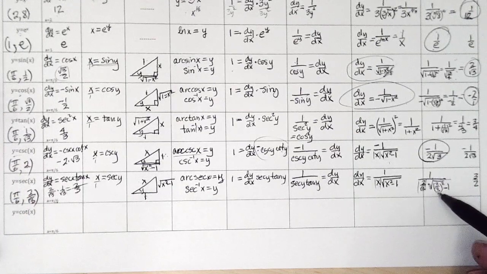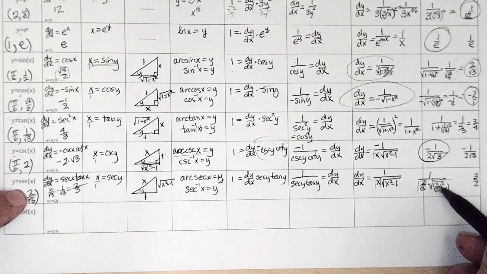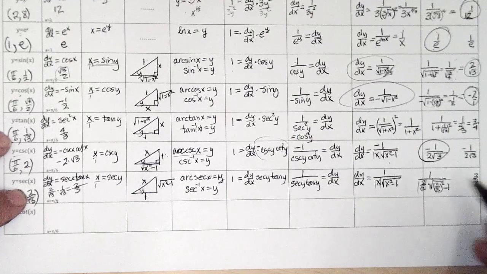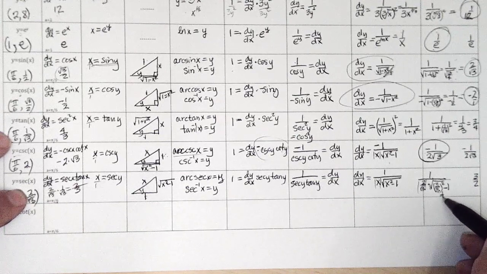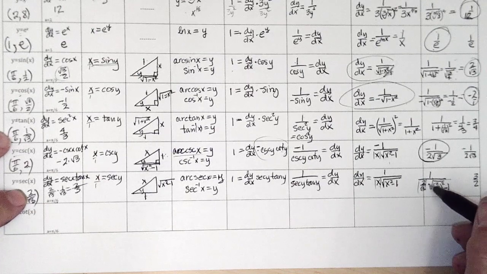So that's 4... Oops, got something wrong here. 2 over the square root of 3 squared, so that's 4 thirds. 4 thirds minus 1 is 1/3, so maybe not. So this is the square root of 1/3.